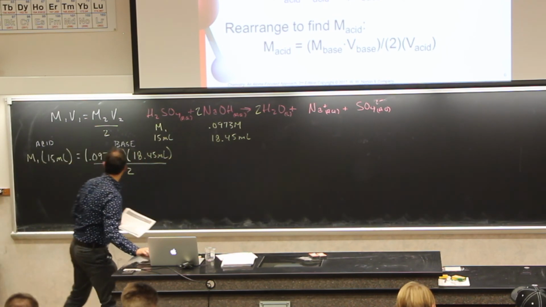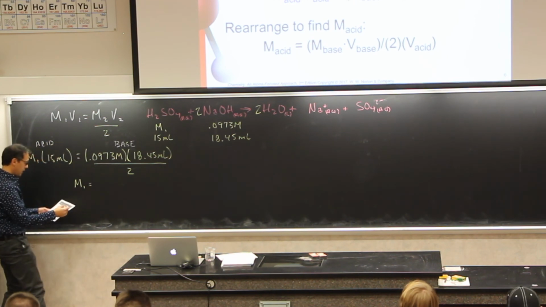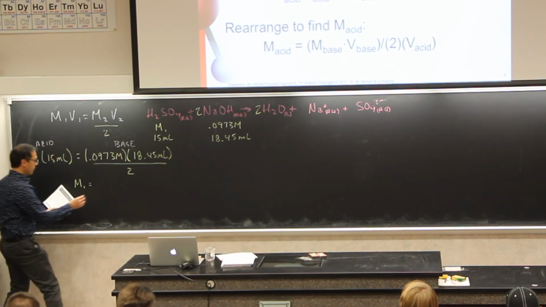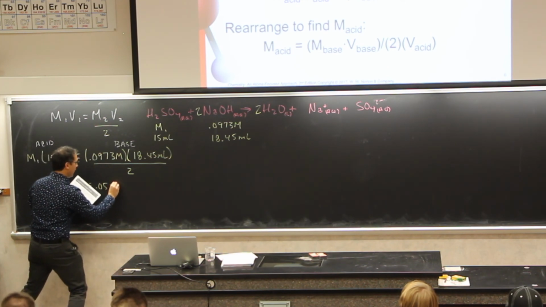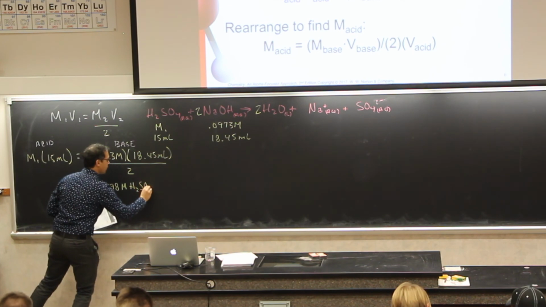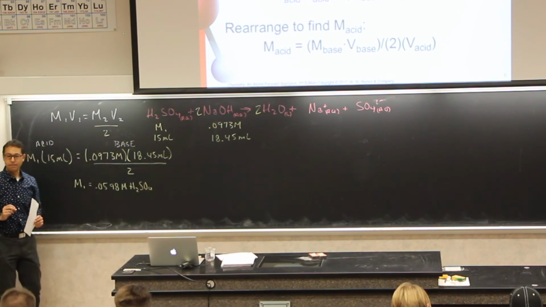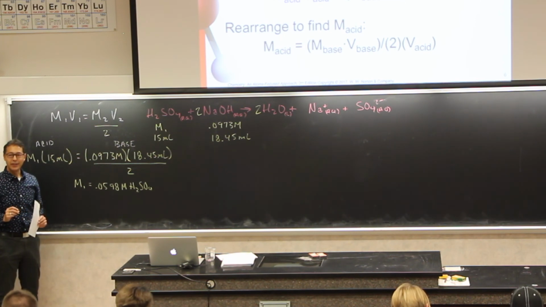And when I solve for M1, I get 0.0598 molar H2SO4. That's the concentration of my acid that I started with.